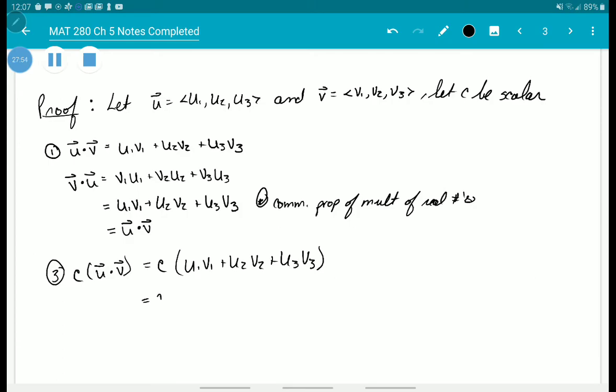So we're going to have c u1 v1 plus c u2 v2 plus c u3 v3. So that's if we were to distribute that c. That's your distributive property of real numbers. Now, we can change the grouping because we are associative under the real numbers.